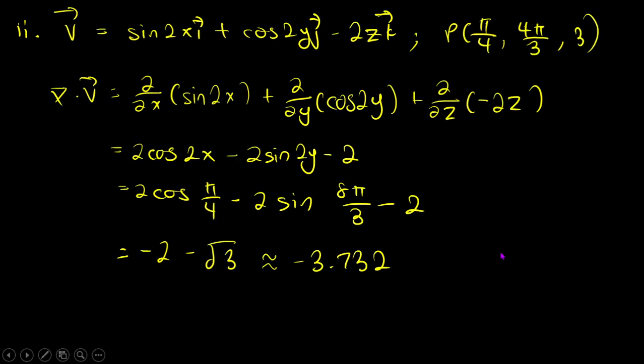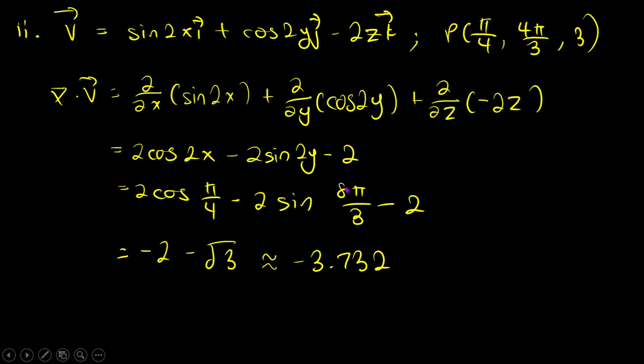For the second one, we have a vector function where the i and j hat have trigonometric functions, and we have this point. We do the same: partial of sine 2x with respect to x, partial of cos 2y with respect to y, partial of negative 2z with respect to z, and we get 2 cos 2x minus 2 sine 2y minus 2.